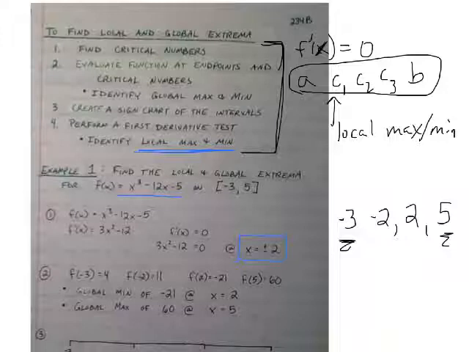So in step 2 we have to evaluate each of those 4 points, and I've done that in the order, and I see that the f of 2 is the lowest spot. So our global minimum occurs at x equals 2.